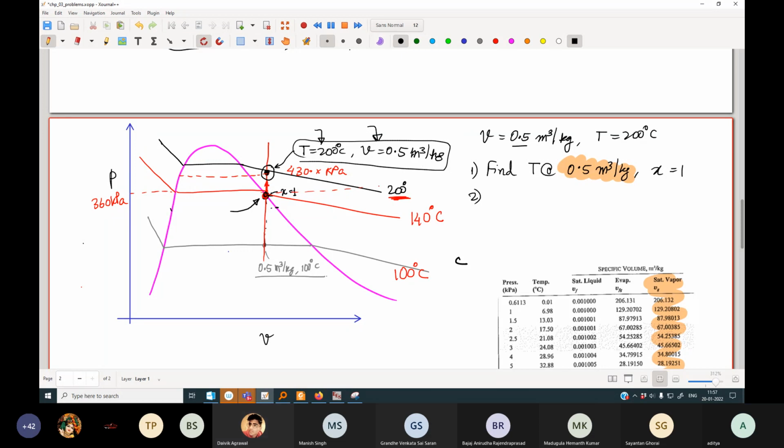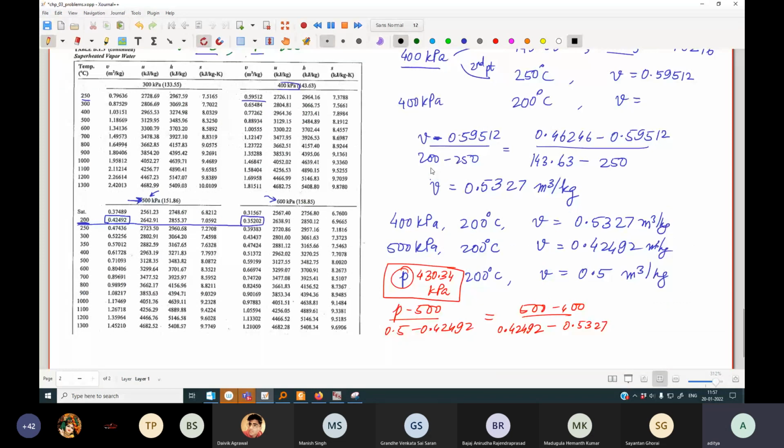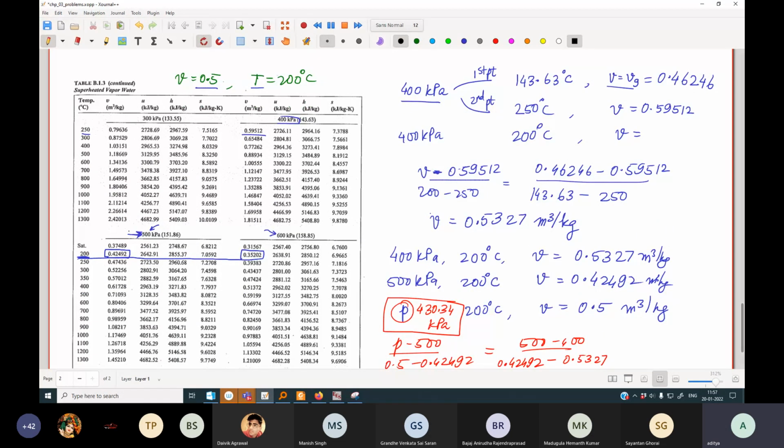Yes, sir. Now, what we did was we copied the steam table over here. We just took B 1.3. And what did we observe? We just looked for entries of 0.5 meter cube per kg.